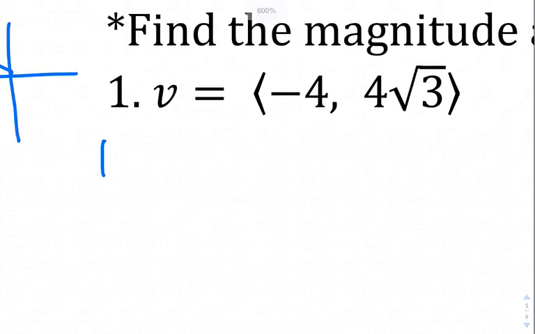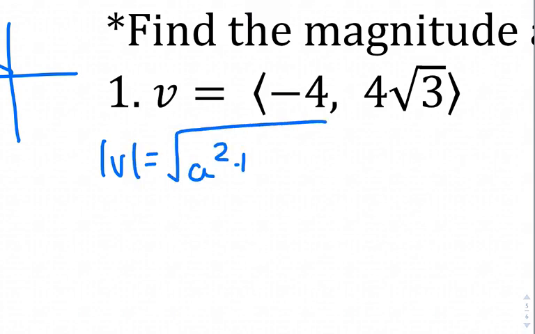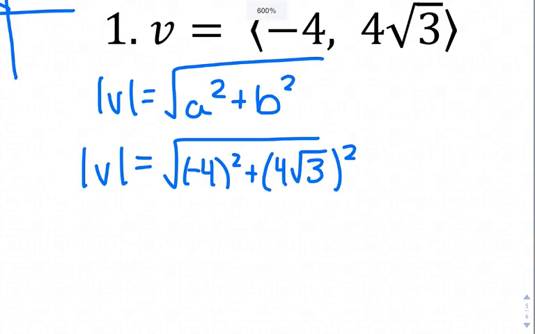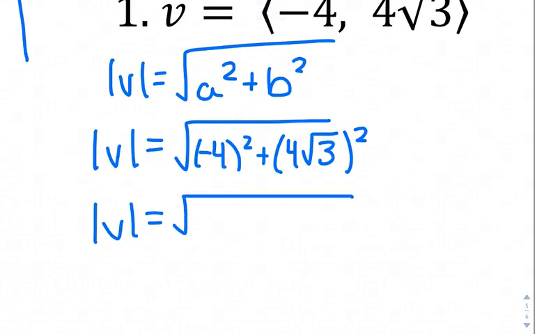To find absolute value now, or magnitude, this is this formula. So for A, I would do negative 4 squared plus 4 radical 3 squared. To simplify that, negative 4 squared is 16.